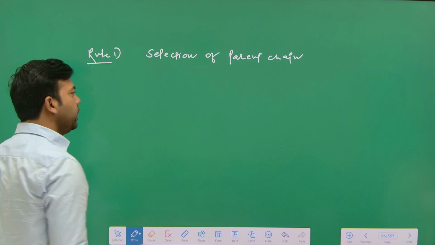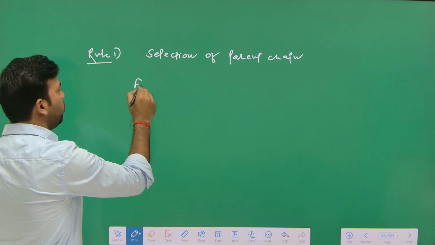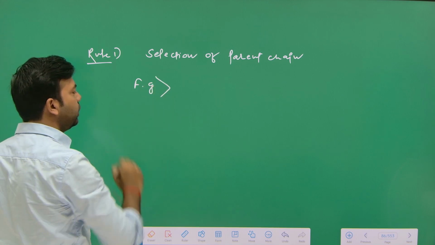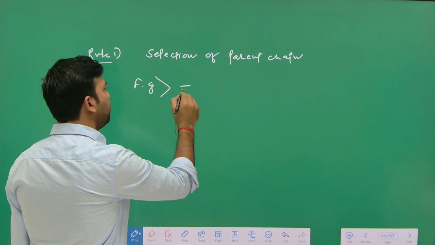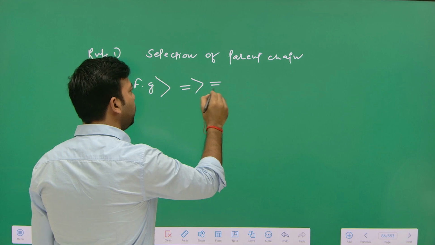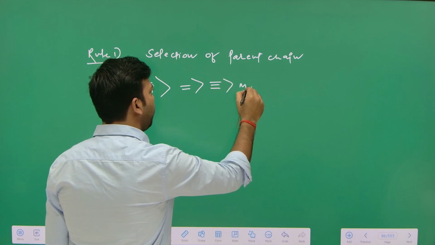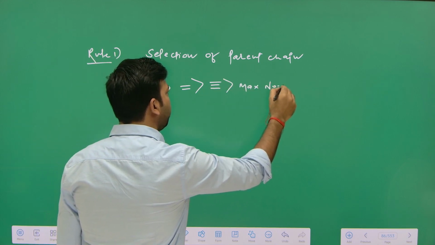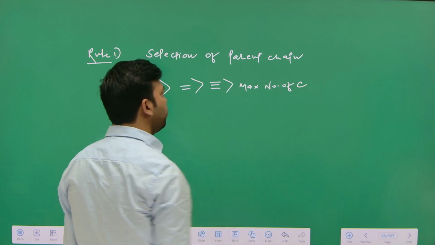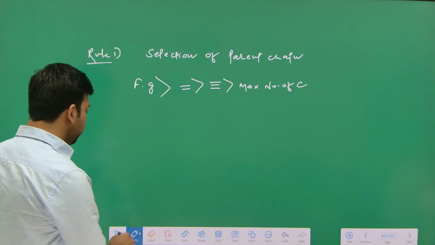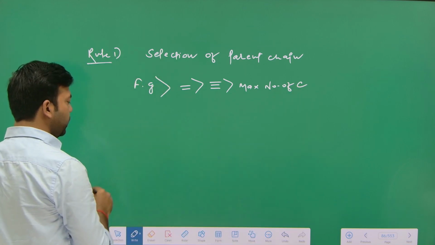The priority in the parent chain is that functional group has the highest priority. After that double bond, then triple bond, then maximum number of carbon. Clear? So we have to follow this trend, okay?